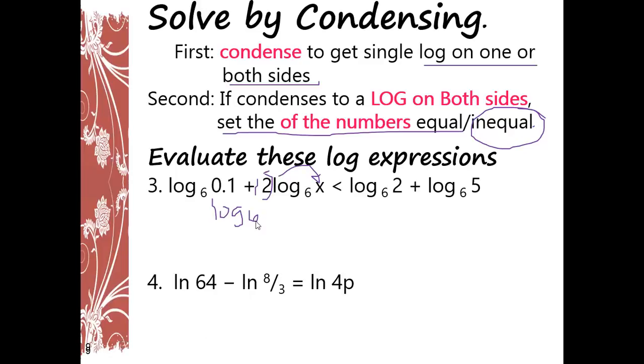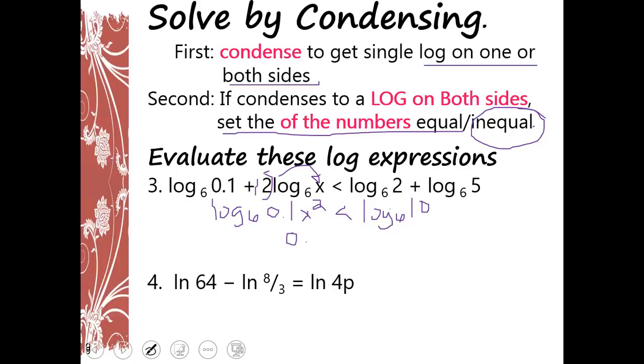Log base 6 of 0.1x squared has to be less than log base 6 of 10. And now my logs of the numbers have to be unequal in that same manner.